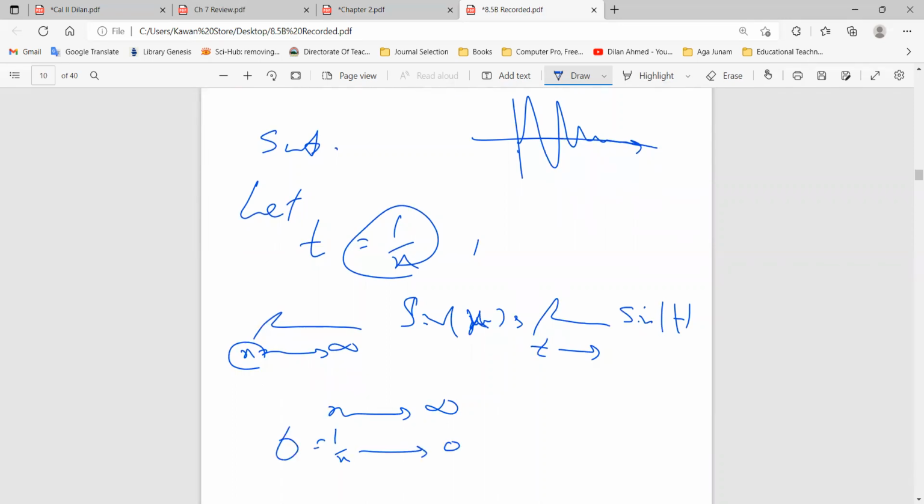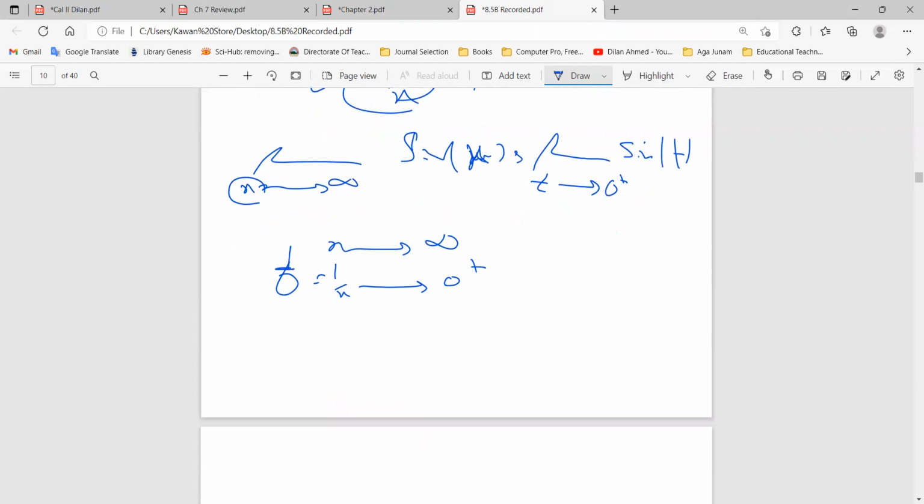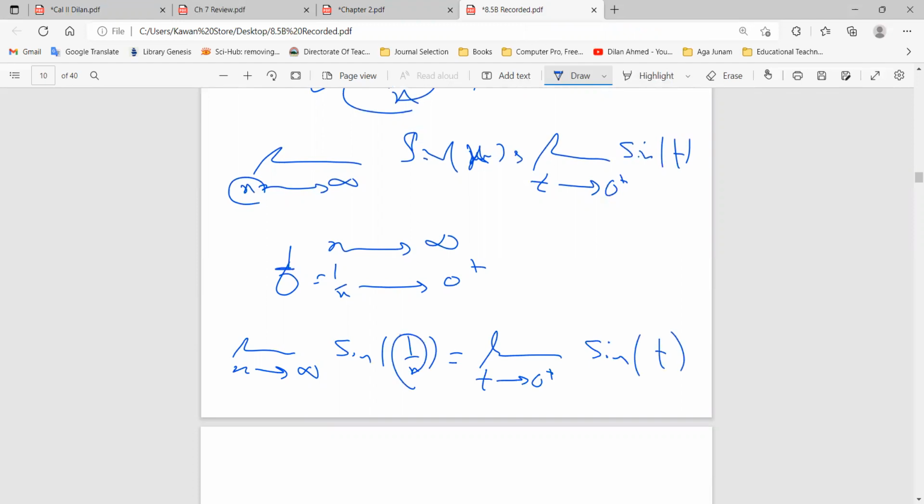That's why I say t approaches 0 from the right side. Now, my limit from x approaching infinity of sine of 1 over x changes to t approaching 0 of sine of t. Am I right? I change that one to t, and I change that one to t. Of course, that one also changed to something else. You got it?